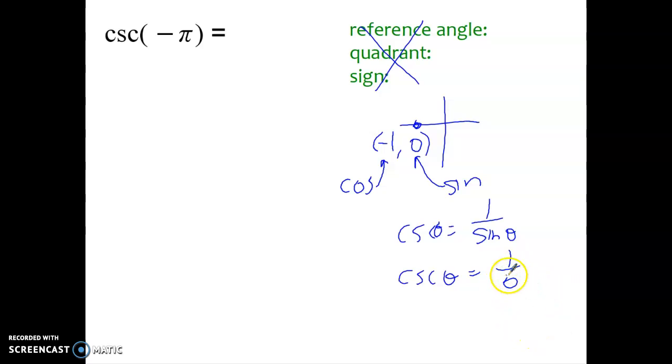When I divide anything other than 0 by 0, I'm going to get undefined. So the answer to this question is undefined. The cosecant of negative pi is undefined. Negative pi just means I went this way, pi radians, and cosecant, the reciprocal of sine, the reciprocal of 0, puts 0 down in that denominator, which means this one is undefined.